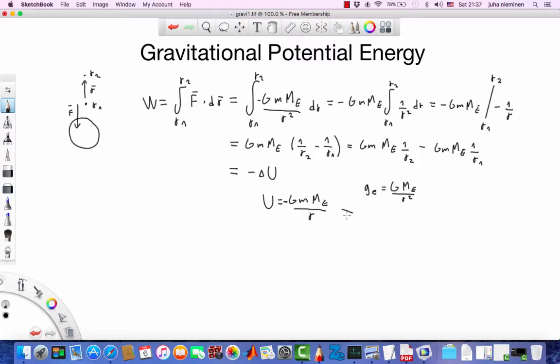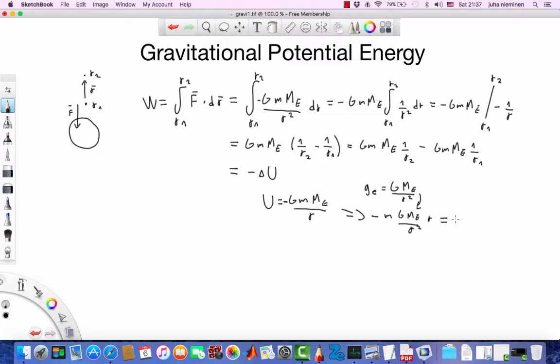And if we go from this form towards something like this, so what we have, minus m G M_E divided by r, and now we multiply by r and divide by r. So now you can see that we can plug in the small g here.